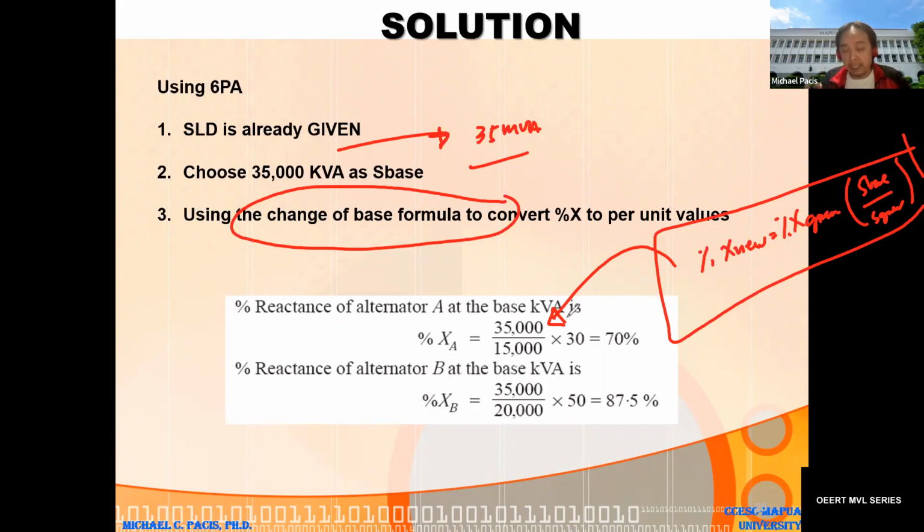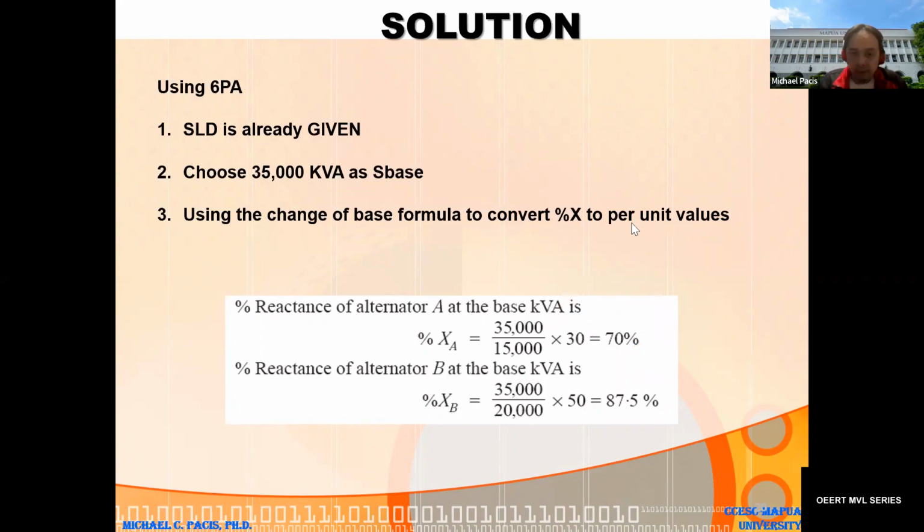That is why it is called change of base. You have 70% and 87.5%, following this formula from the diagram in the last slide. So you have j0.7 and j0.875 for reactors A and B respectively.